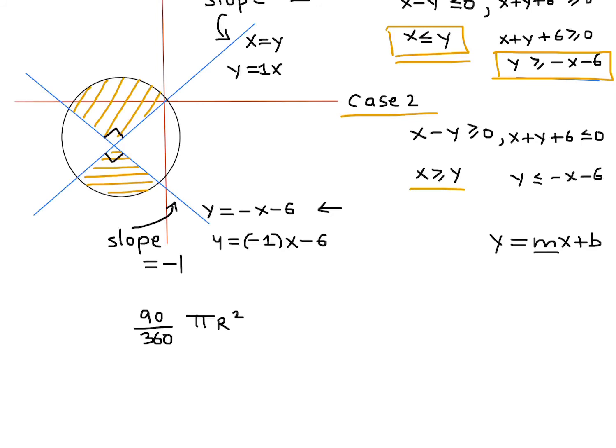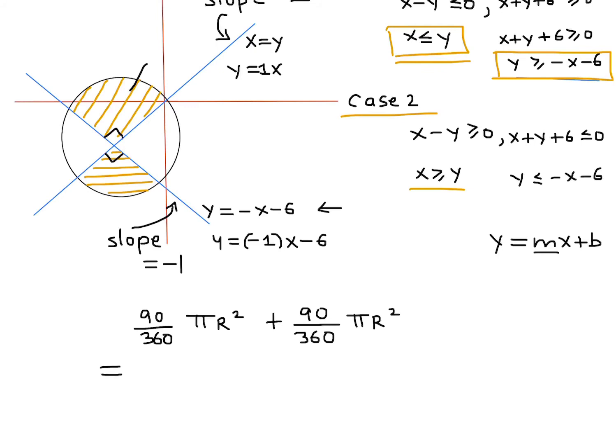And we've got two of those regions. This diagram, sorry, is not drawn perfectly to scale, but you get it by now. So that takes care of the first region. And then the second region would be the exact same formula. We have a 90-degree angle over 360, and then pi r squared.